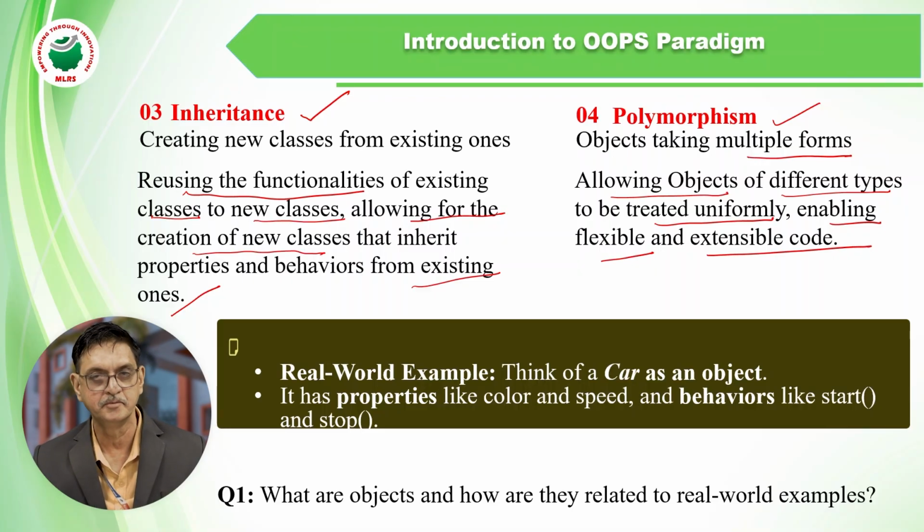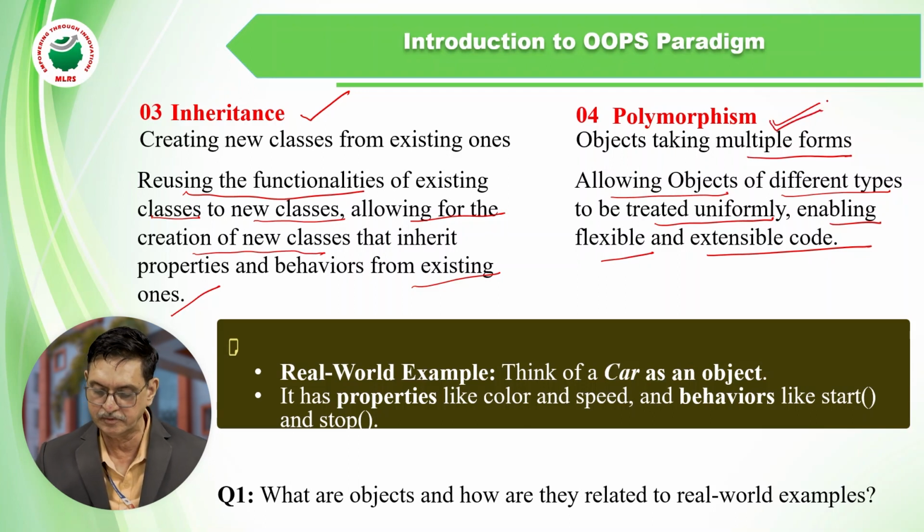Because basically the object is the same, the entity is the same, but it behaves differently based on the situation. If you use this polymorphism characteristic, it makes code development flexible and extensible.